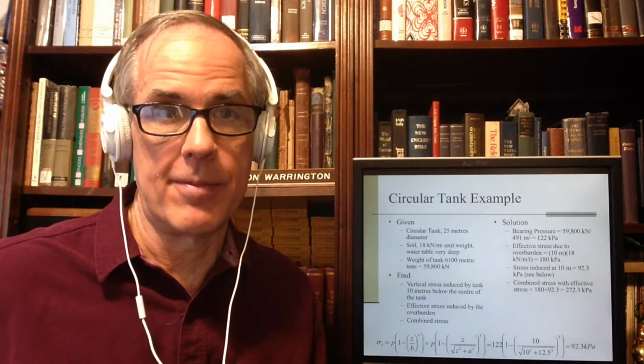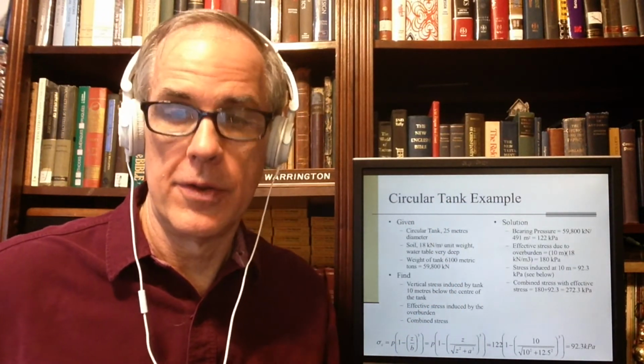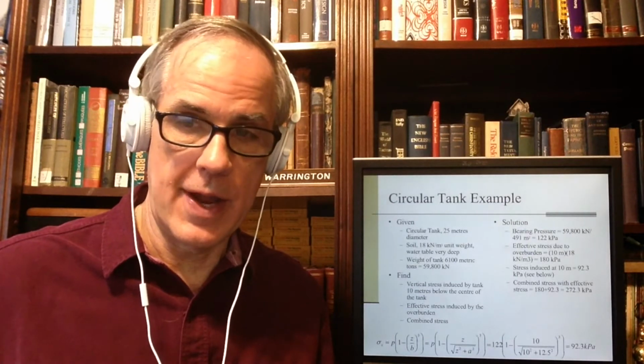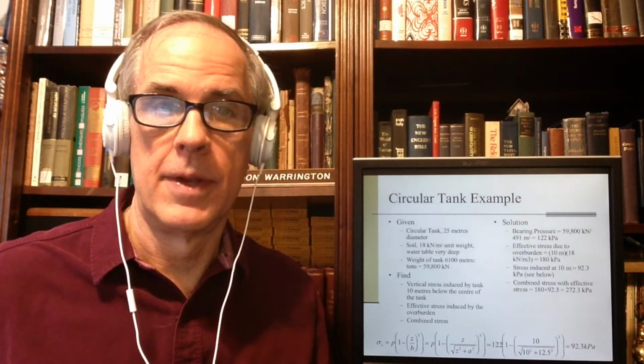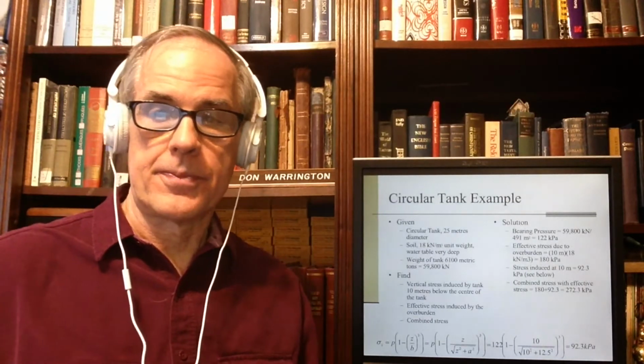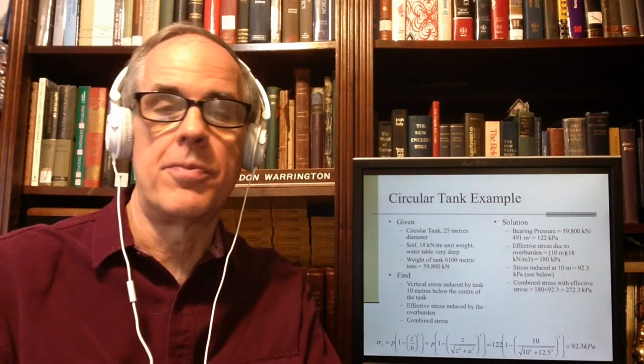It's not a tricky thing about Voigt. A is the radius, so instead of being 25 meters, it's 12.5 meters. So be careful. You just plug and chug, and you get 92.3 kPa. You combine that with the effective stress, and you get 272.3 kPa.